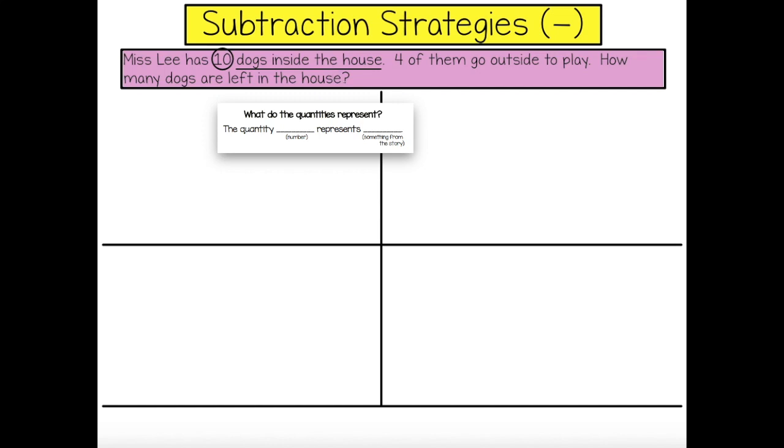Now let's think about, what's another important number? You are correct. 4 is another important quantity or number in this word problem. And the quantity 4 represents the 4 dogs that go outside to play.